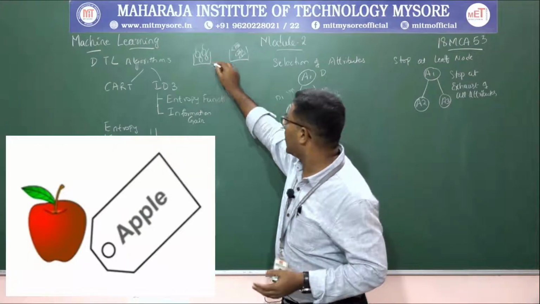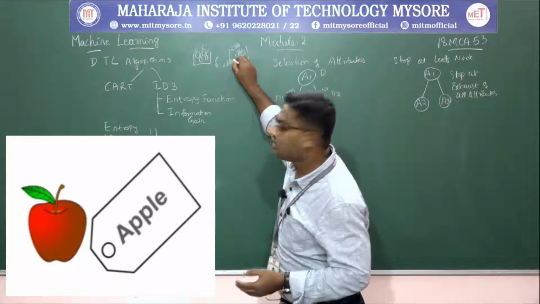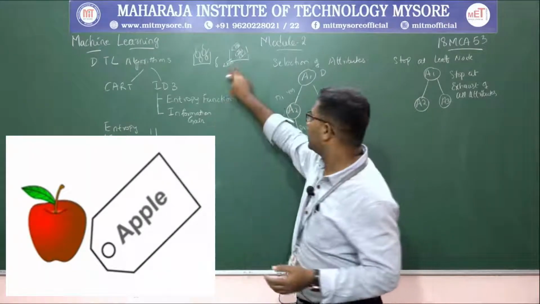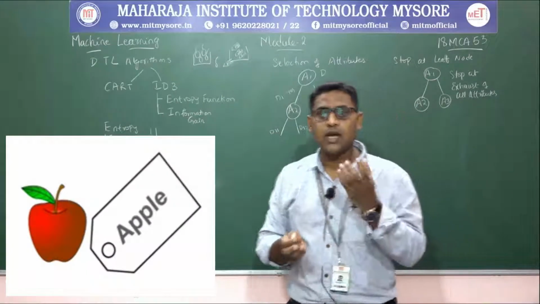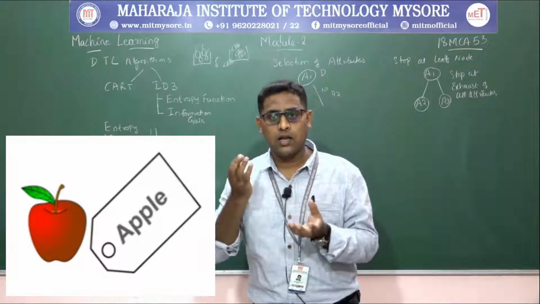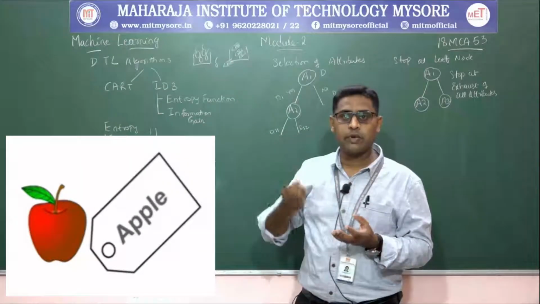So if you take one apple out and you take one label, which is written as apple, then the probability of matching one fruit and one label will be the same. That is, an apple will match with the label apple. The fruit will match with the exact label apple.